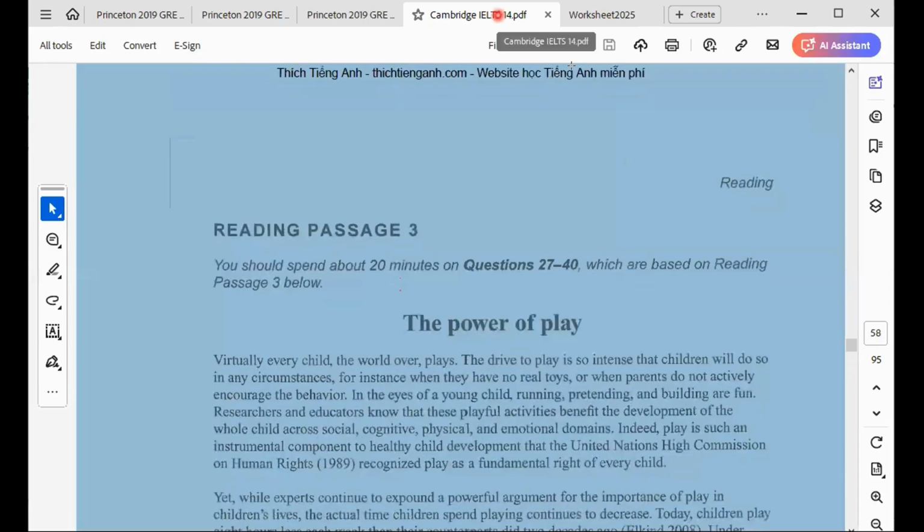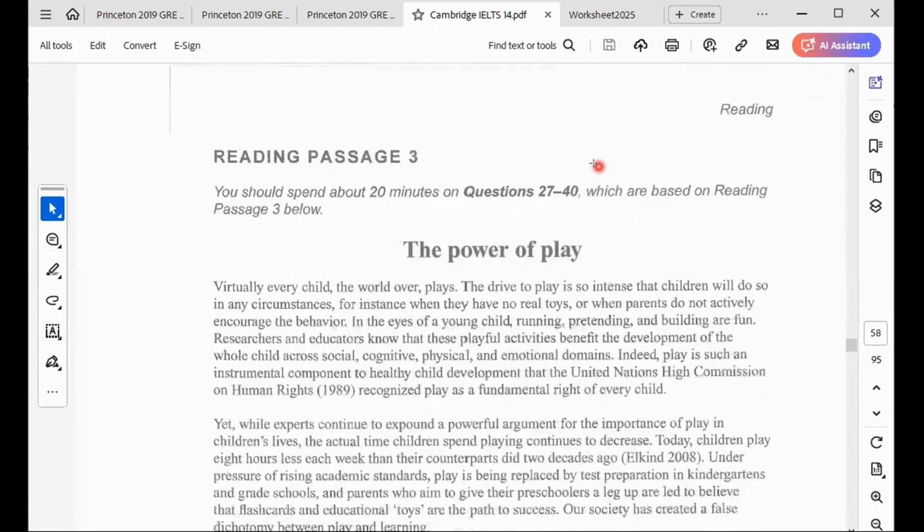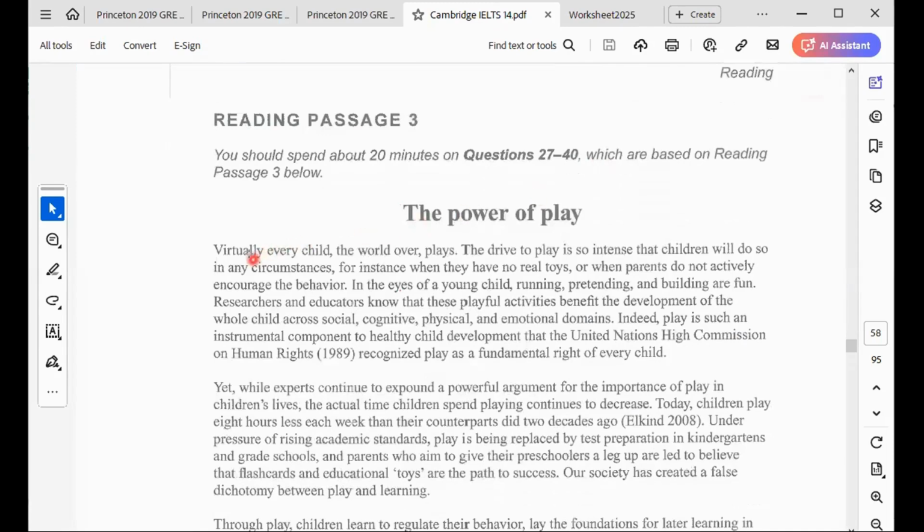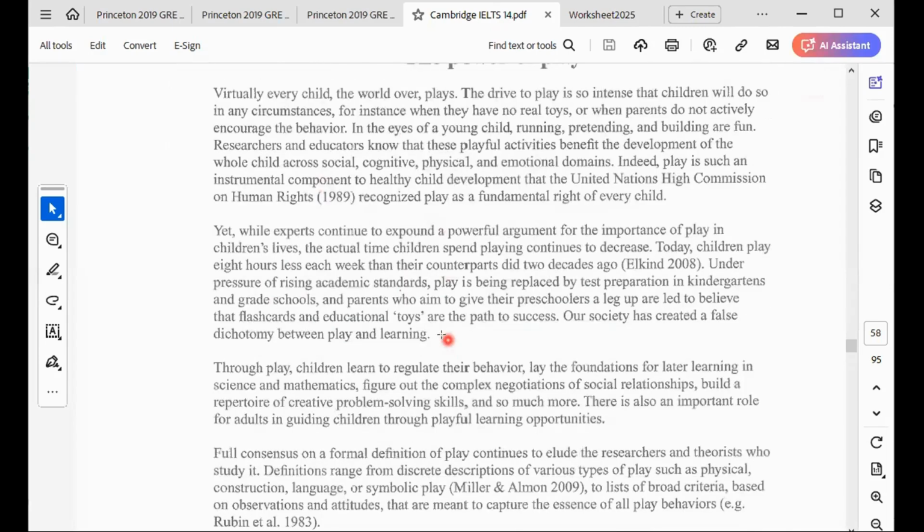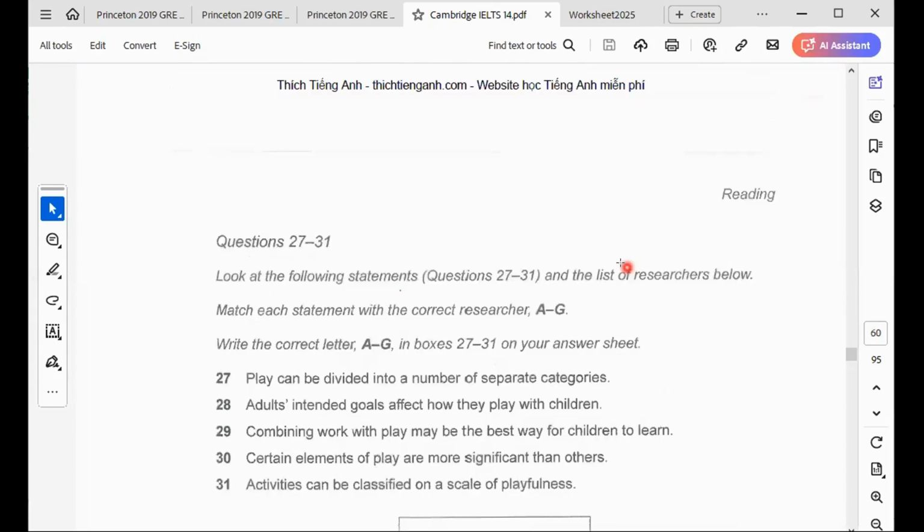I'll start with Elkind. I'll scan for Elkind. Paragraph A, there's nothing like Elkind here. Paragraph B, I can see Elkind. Elkind is one that said this first. Today, children play 8 hours less each week than their counterparts did 2 decades ago. Hold on.